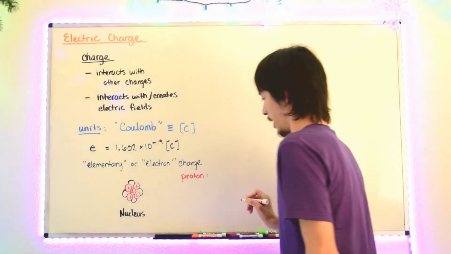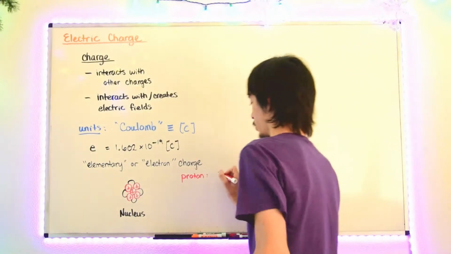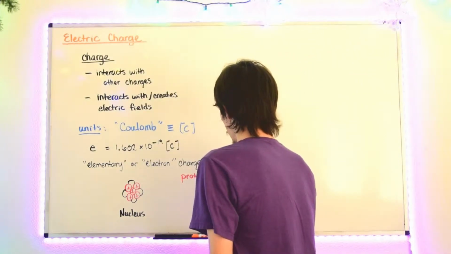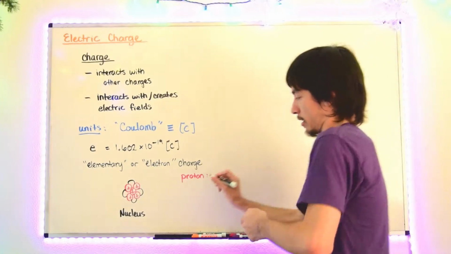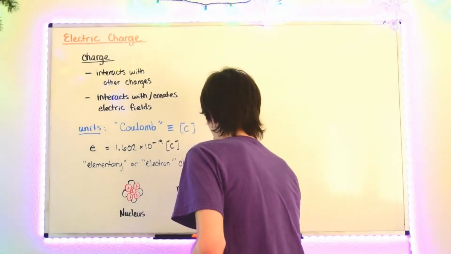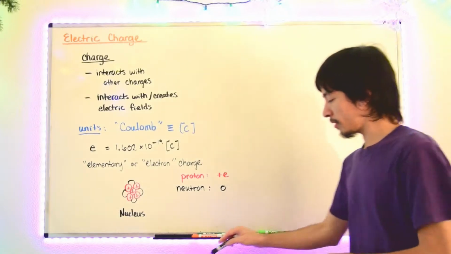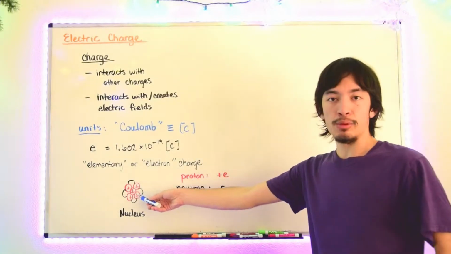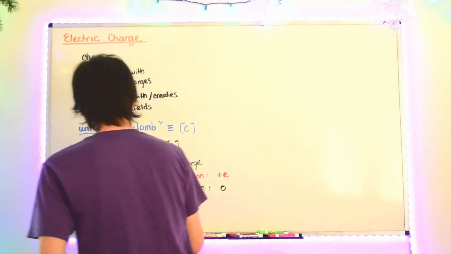So the protons, their charge is positive this number. In other words, a charge of plus E. The neutron has zero charge, no charge. Outside the nucleus, we have electrons, somewhere out here.